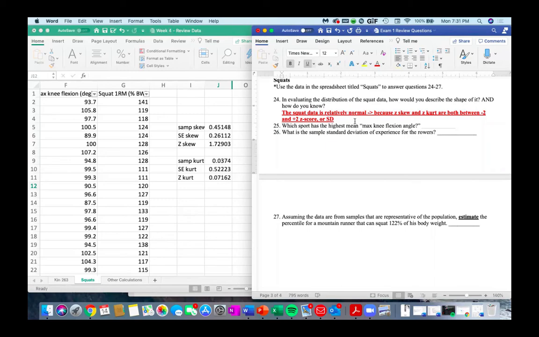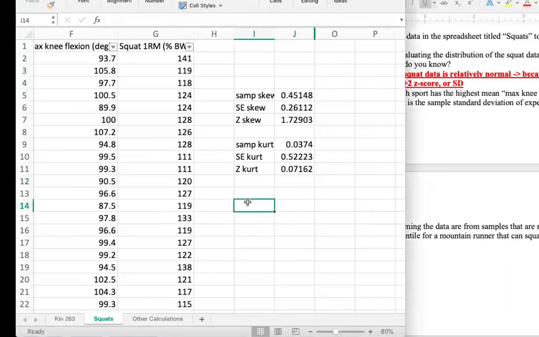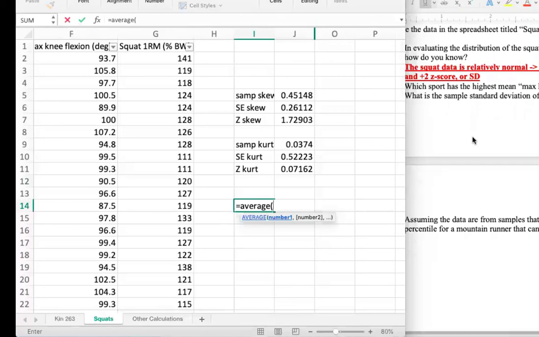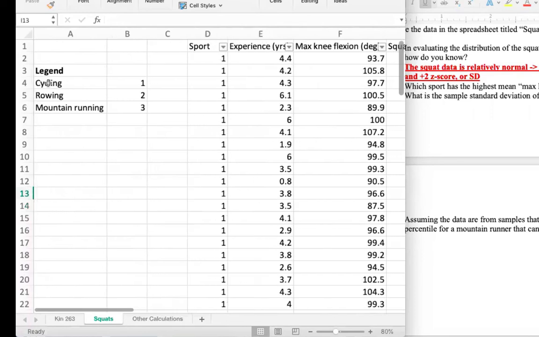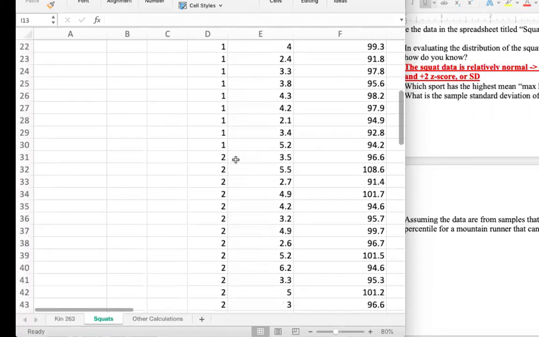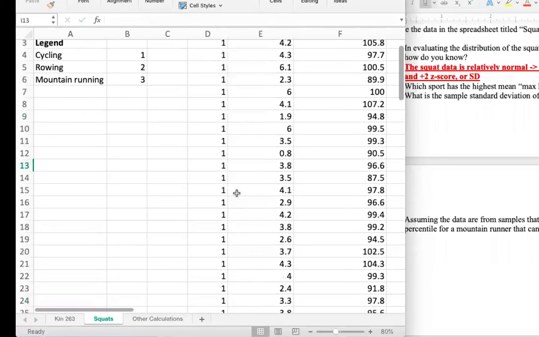Next one says, which sport has the highest mean max knee flexion angle? Easy way to find this is to calculate the mean, but we would have to do this for each of our sports. Before I do this, over here cycling is 1, rowing is 2, mountain running is 3, and all of these should be organized based on the sport they belong to.